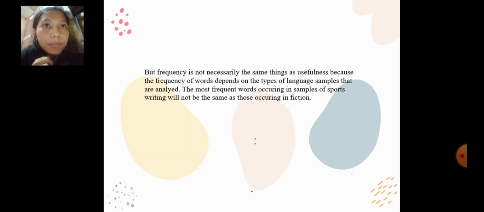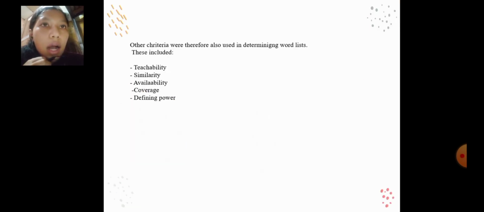And next, but frequency is not necessarily the same thing as usefulness, because the frequency of words depends on the types of language samples that are analyzed. The most frequent words occurring in samples of sports writing will not be the same as those occurring in fiction. Other criteria were therefore also used in determining word lists.